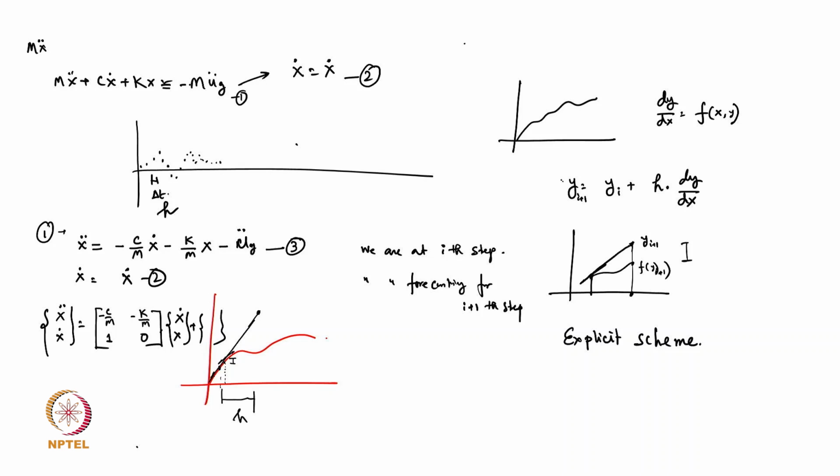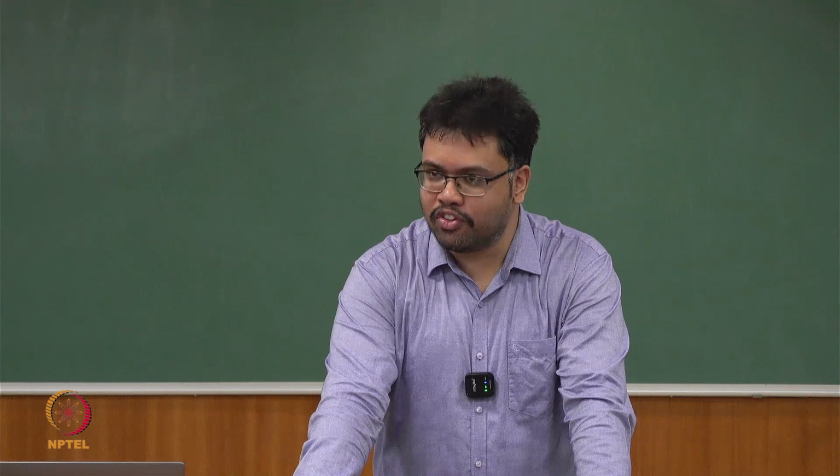I got my matrix, and here we will have ug double dot and here 0. So now this is my dy dt equal to A times y plus some constant. Try to understand the philosophy of it.